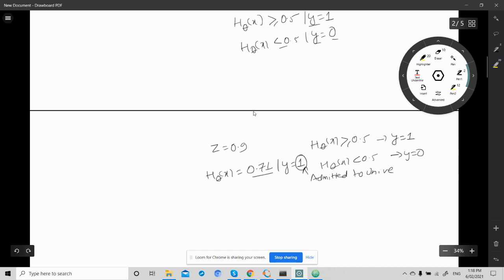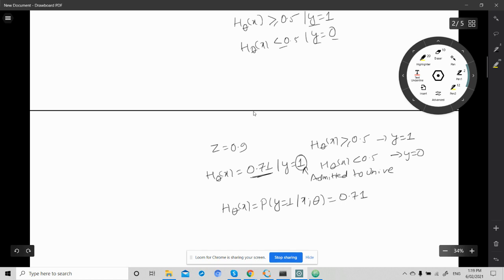So any probability of 0.71, 0.71 is our probability, and we can even say that h theta of x, the probability of y equals 1 given x parameterized by theta, the probability of having 1 is 0.71.